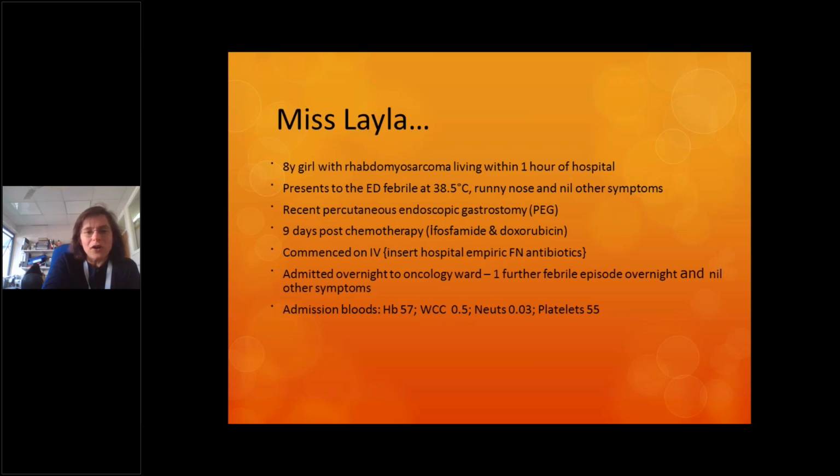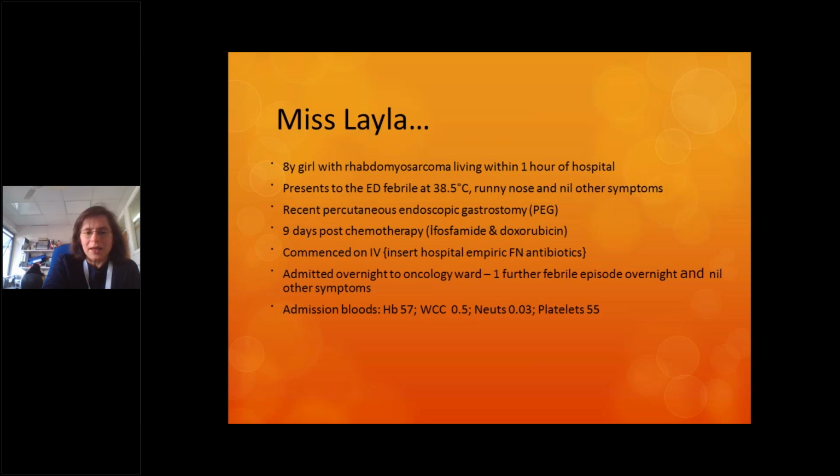Lila is an 8-year-old girl with rhabdomyosarcoma who lives very close to a hospital and presents with a temperature of 38.5 degrees, a runny nose, and a recent gastrostomy, 9 days after ifosfamide and doxorubicin. These are her admission bloods, with a low hemoglobin of 57 and neutrophils of 0.03.